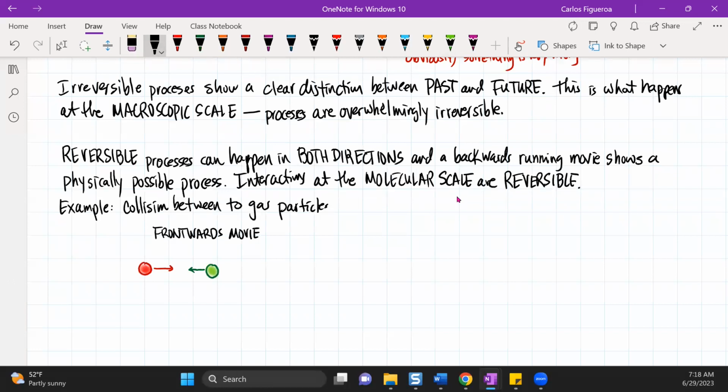And this represents the before. Now they collide. And as they collide, this guy, let's say, moves downwards in this direction. And then the green one that started here now moves upwards.